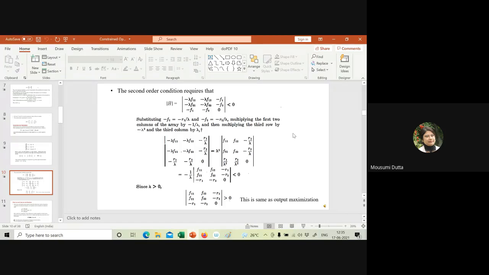Tomorrow, I'll discuss the numerical exercises based on output maximization, cost minimization, etc. Once we understand how to do these problems, you have to practice more. After that, I'll shift to the value function approaches and the comparative statics. So first we will solve two or three numerical exercises, and then we will move to the value function.